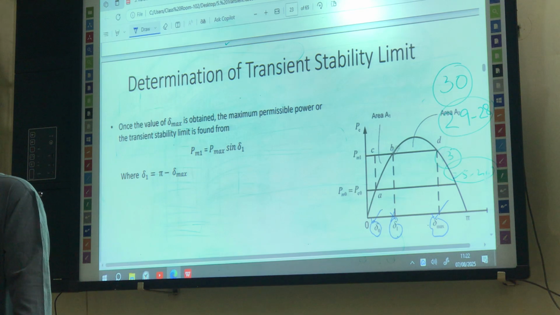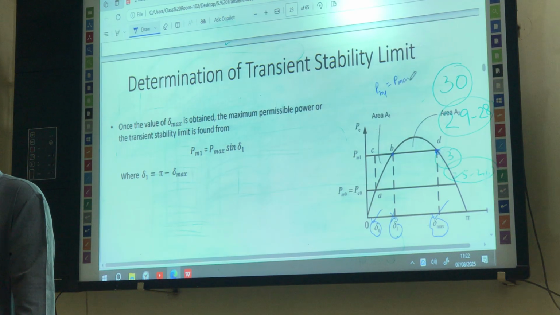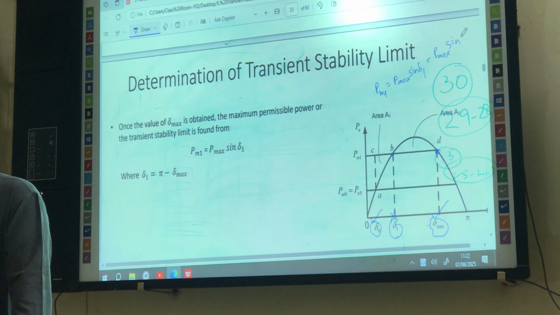We know that this is the intersection point. This is also the intersection point, right? And this is the PM1. So we can write PM1 is equal to what? Pmax sine delta 1 we can write, right? Also we can write it is equal to Pmax sine delta max.